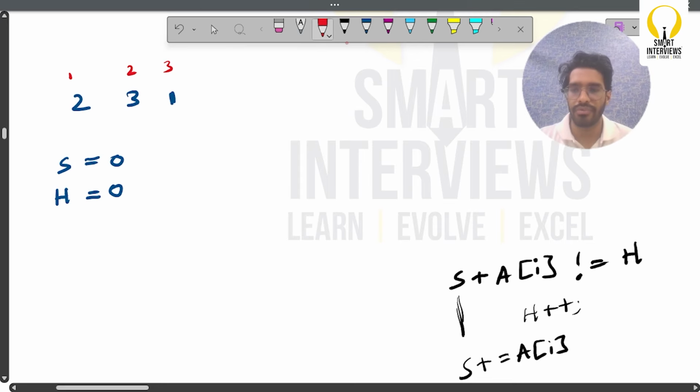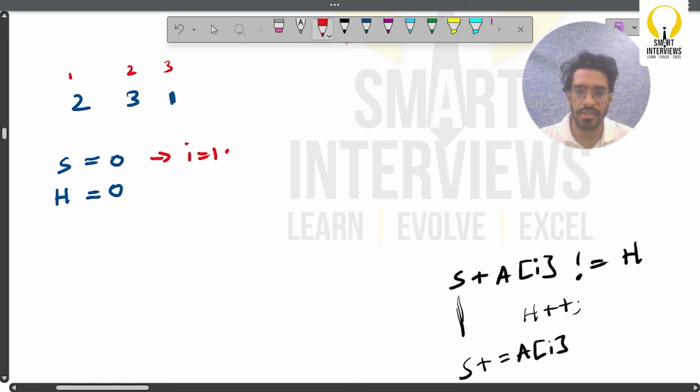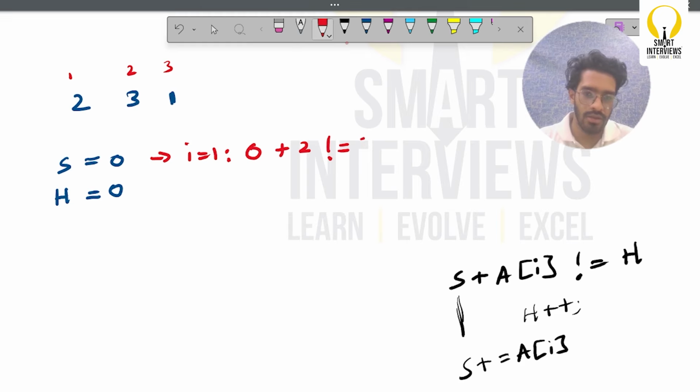Now if you see, for s equals to 0 and h equals to 0, initially when the index I is equal to 1, you will basically check if 0 plus 2 is not matching with 2 into S. What was S?